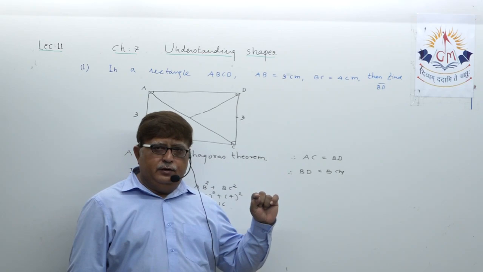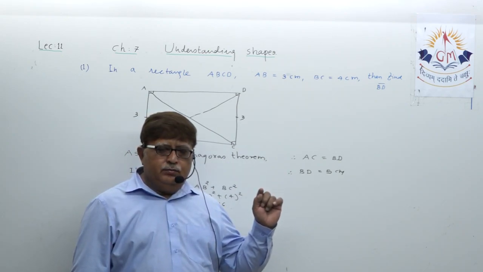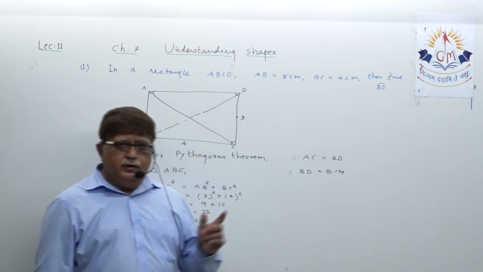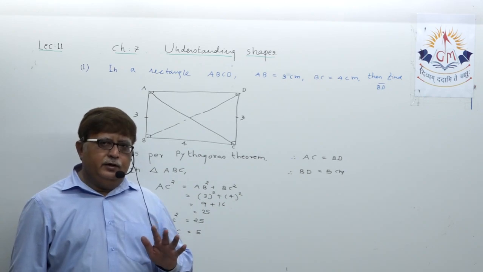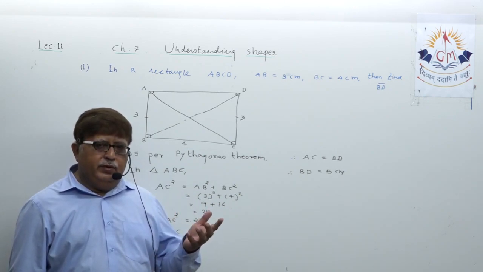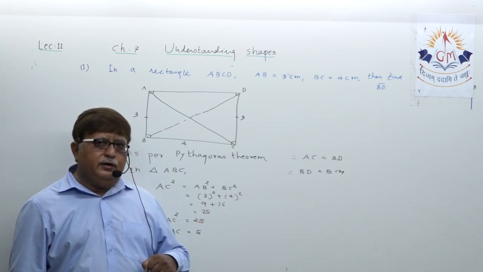Okay, and one statement regarding parallelogram and rectangle. What I taught you, any parallelogram becomes a rectangle when it has any one angle right angle. Understood? So you can say that rectangle is a parallelogram. You can't say that parallelogram is a rectangle.